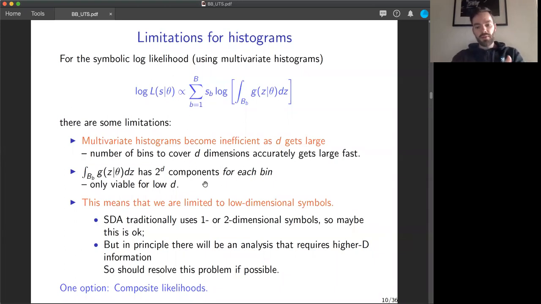So we're limited to low dimensional histograms. In the SDA literature, usually you can see results in 1 or 2 dimensions, but it doesn't go much higher than that. In principle, we could use higher dimensional information, and that's what we would like to do here. So we propose to solve this problem of dimensionality using composite likelihood.